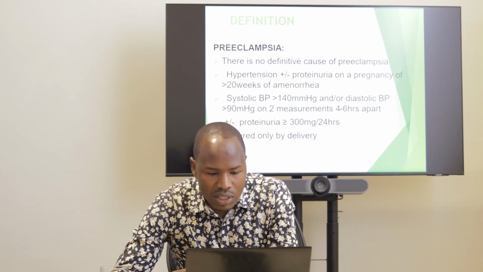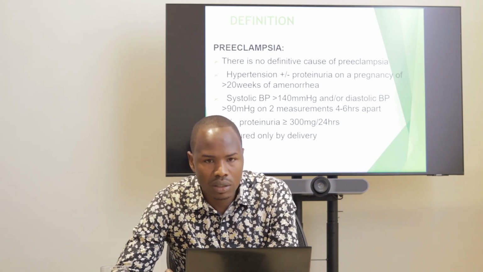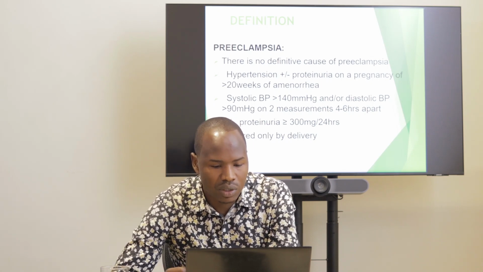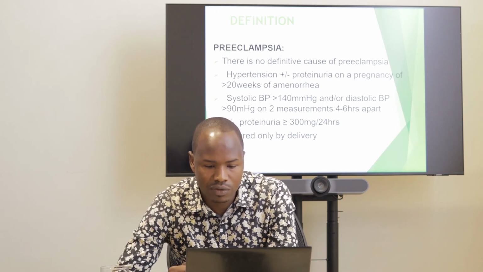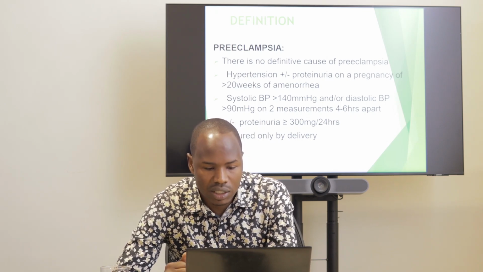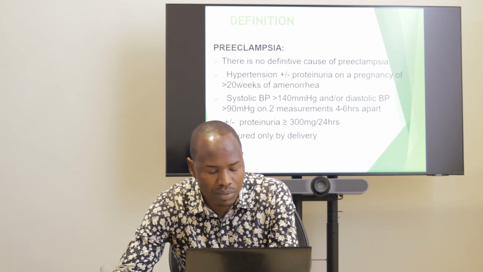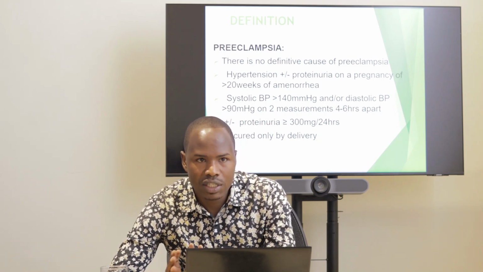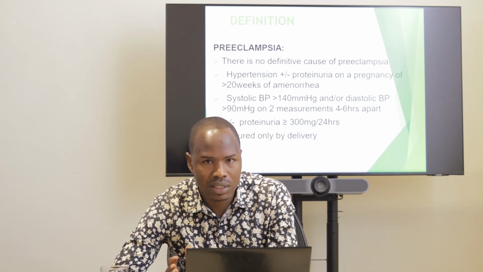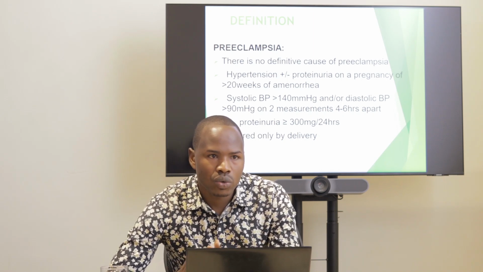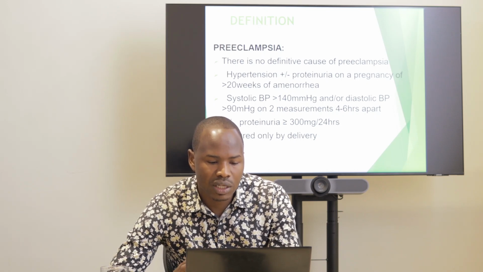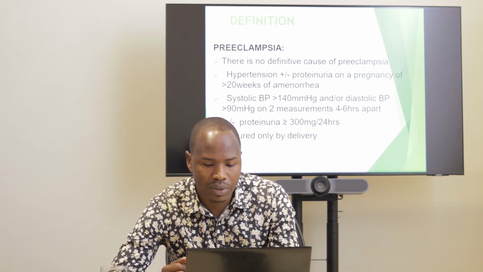The hypertension is diagnosed when systolic blood pressure is greater than 140 millimeters of mercury and diastolic blood pressure is 90 millimeters of mercury on two measurements 4 to 6 hours apart. It means we want to rule out any other causes of that increase in blood pressure.